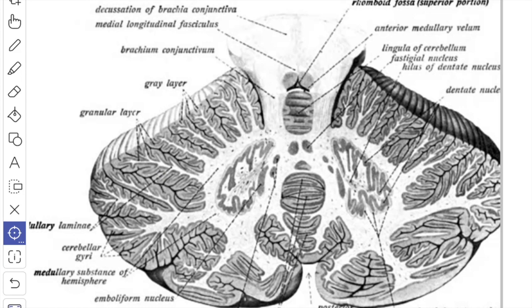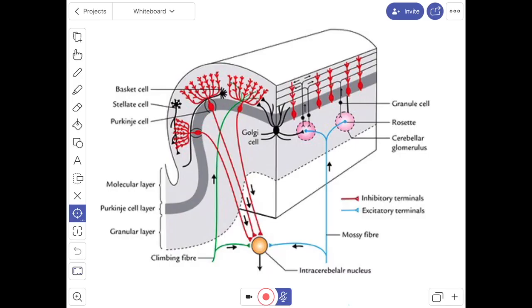Next we'll see about the grey matter. The grey matter of the cerebellum is represented by the cerebellar cortex and the intracerebellar nuclei. Now we'll see about the structure of the cerebellar cortex. The structure of the cerebellar cortex is uniform throughout, that is homotypical.